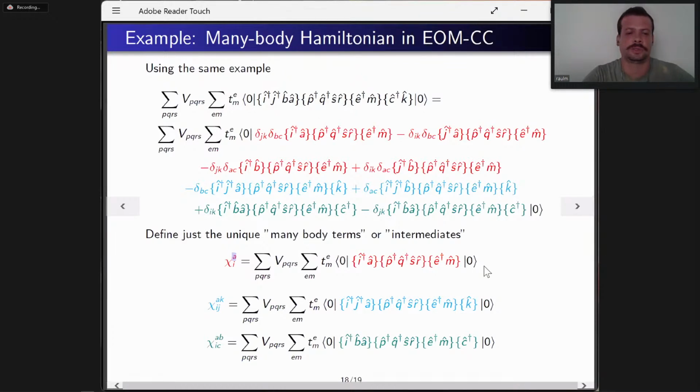So I will need to represent this expression, and the same for the blue and the green terms. We just need to represent them once together with these equations. So we can say that we have just 3 unique many-body terms or intermediates.